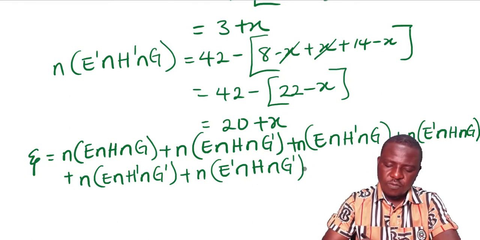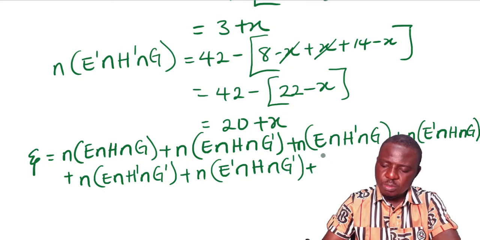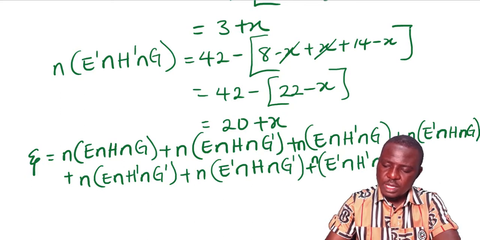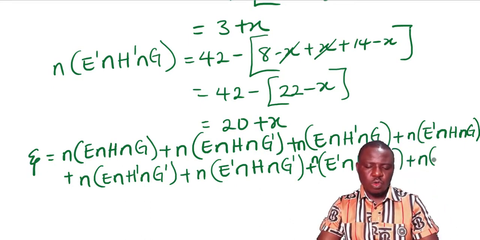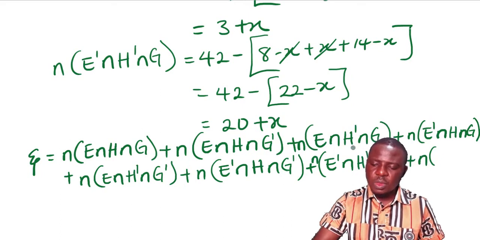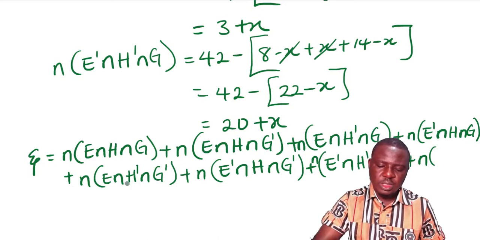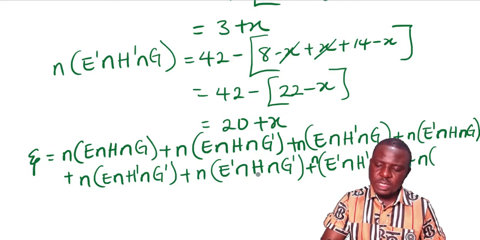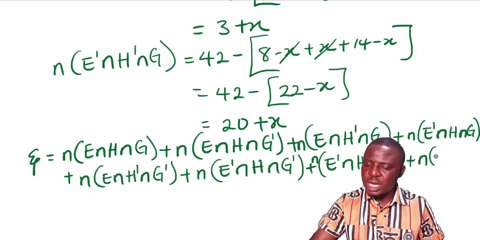1 2 3 4 5 6. We have 3 more regions, plus n of English prime intersection history prime intersection geography, as well as n of those who offer all 3, those who offer only English and history, those who offer only English and government, those who offer only history and government, those who offer only English, only history, only government, and n of those who offer neither.